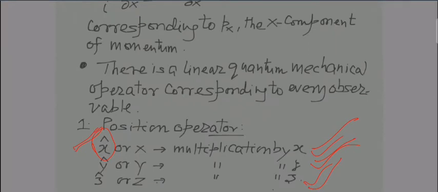It is not necessary that an operator always means multiplication, but the position operator, when applied to a wave function, for example x hat psi, is equal to x psi. Your operator x hat is simply algebraic multiplication.